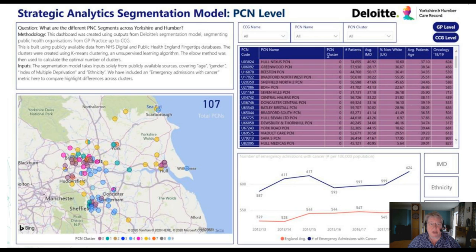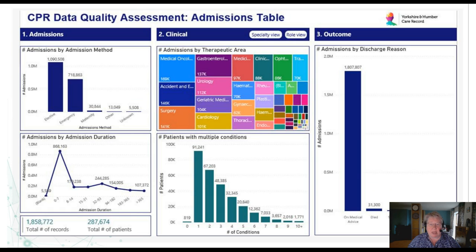This is the strategic analytics segmentation model at primary care network level, and you can see how that is presented. On this particular dashboard, we've sliced and diced it by deprivation, ethnicity, age, and there's an oncology component, which is around emergency admissions with cancer.